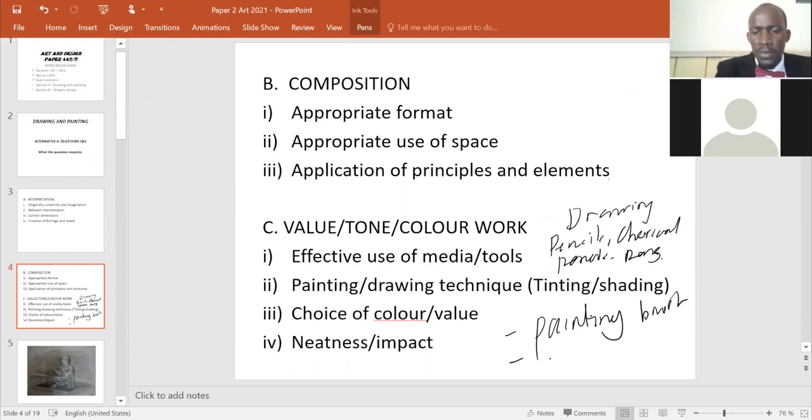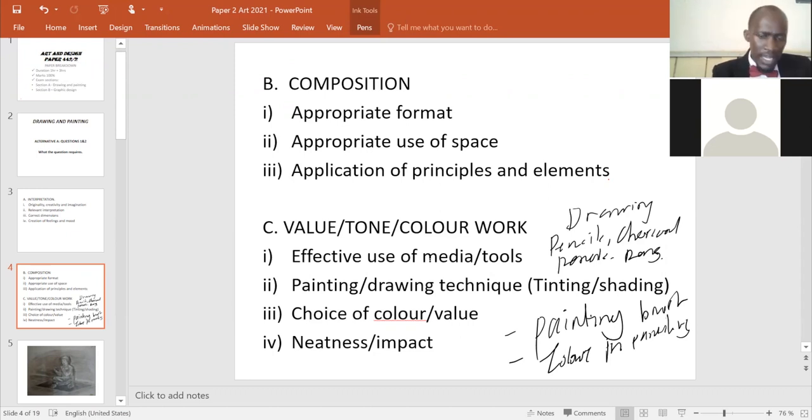Is the candidate able to use color as a material in painting appropriately? If you're using other tools such as the palette knife, is the use appropriate for that particular composition? And how competently do you use the media for creating that particular artwork?